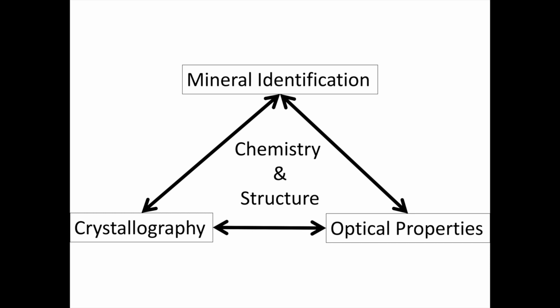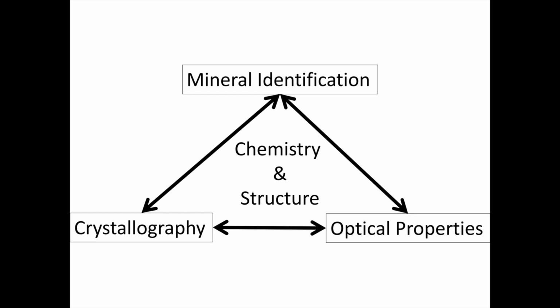The chemistry and structure of a mineral also determine the crystallography we'll see at the macro scale, as well as the physical properties of our mineral and how those physical properties vary with direction through a crystal. In particular, we're going to focus on the optical properties of our minerals. So if all that sounded a bit like nonsense, what I'd suggest is taking a look at the optical mineralogy big picture summary video. There we do a deep dive for all these concepts on the mineral corundum.